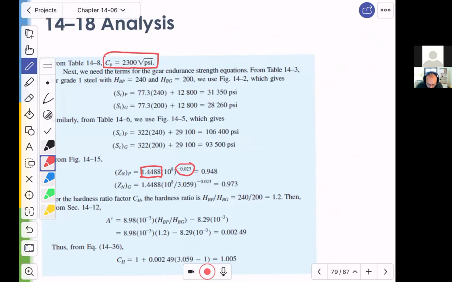Again, for the pinion, n is 10 to the power 8, while n for the gear is 10 to the power 8 divided by 3.059. Remember, this Yn is for bending and Zn is for contact or wear. So two corrections, each one for each mode of failure, which is bending or contact.